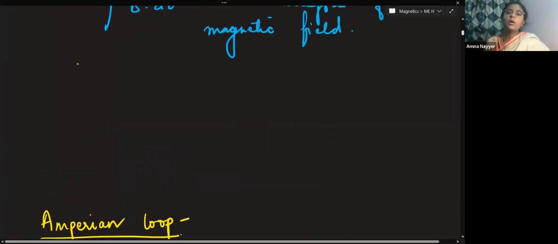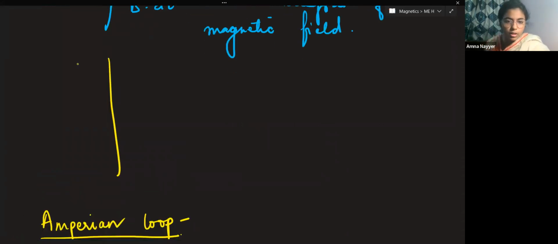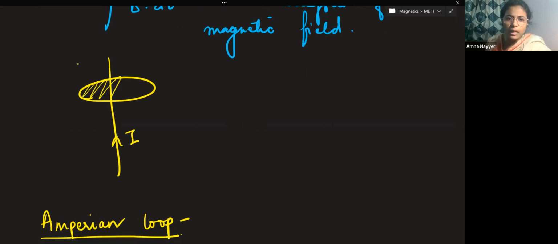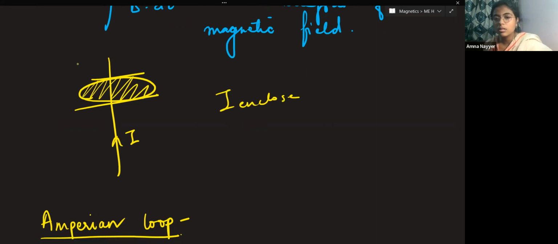So B dot dl, if you have a closed loop, means if I have chosen this section, then even if the total current across this whole wire is I, but if let's say I want to enclose this area, then anyways, I will have to find the current enclosed in this area. Just focus on this I enclosed.